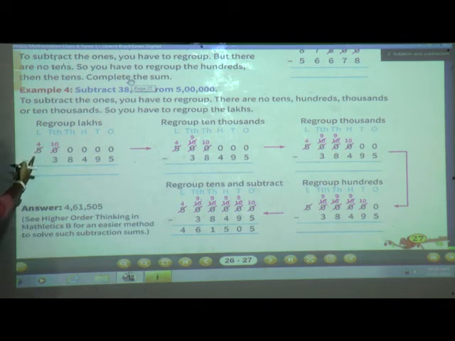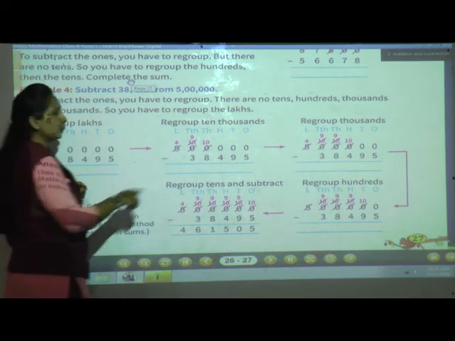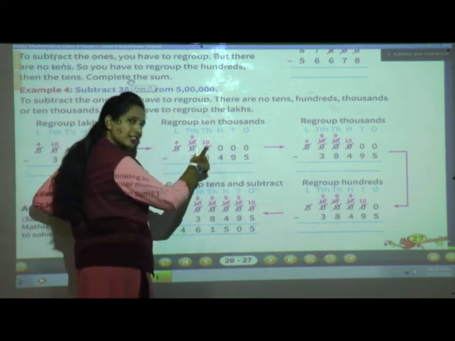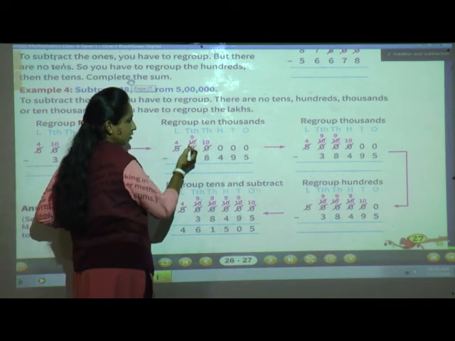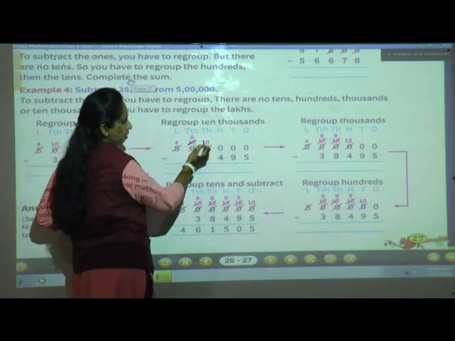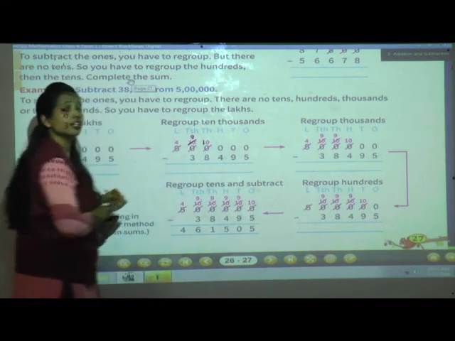Lakh is having 5. He will give 1 to 10,000, so he will remain 4. Now 10,000 is having 10 with him. So what will he do? He will give 1 to 1,000, so here 9 will remain. Now 1,000 is having 10. He will give 1 to 100.